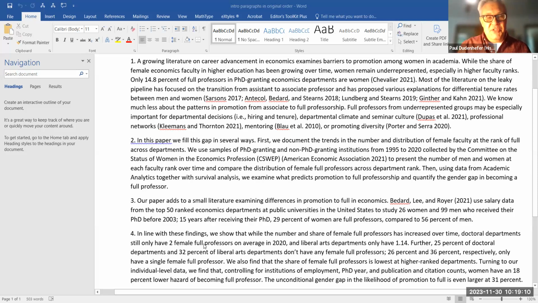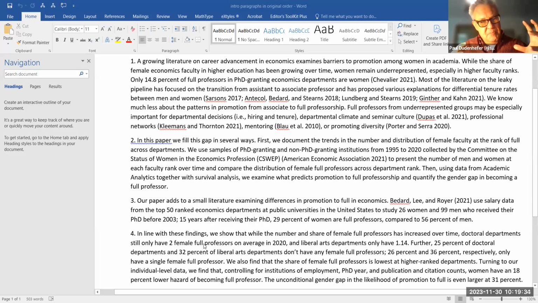So in paragraph 2, they begin, in this paper, we fill this gap. What gap? The gap that they just mentioned at the end of the first paragraph. In the fourth paragraph, they begin, in line with these findings. What findings? The findings they just reported in the previous paragraph.